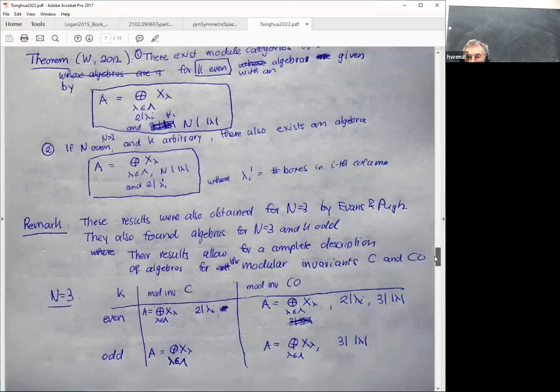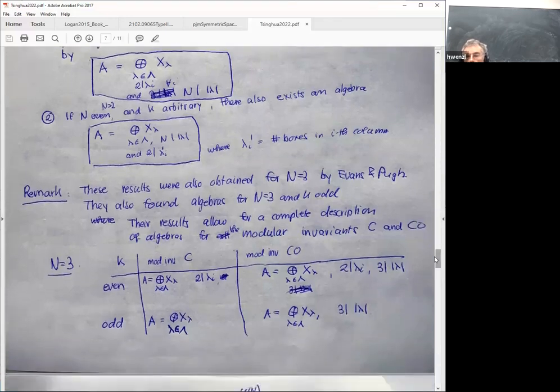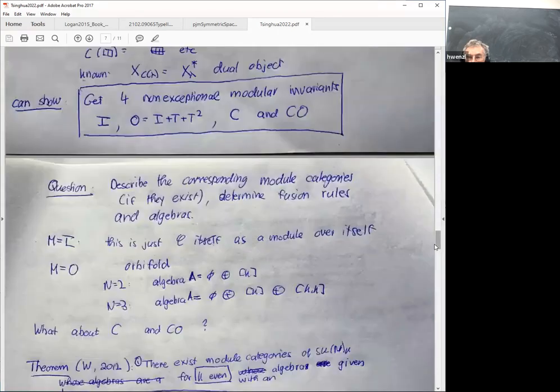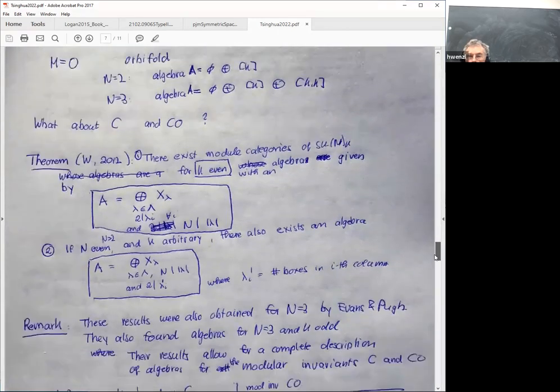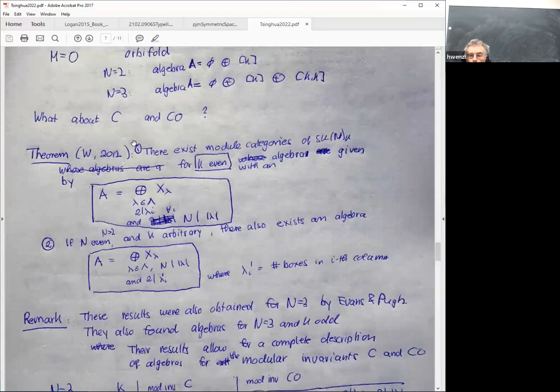Okay, now for n equals 3, these results were also obtained later by Evans and Pugh. And moreover, they also found the algebras for n equals 3 and k odd. Now, if you look at this here, in our case in part 1, we had to assume k even.